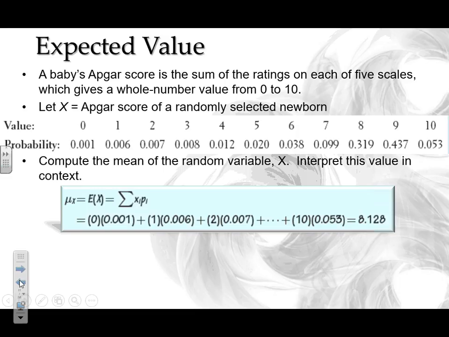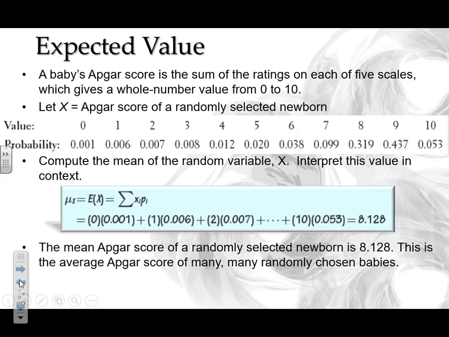Okay, you're on the right track. If you randomly select a baby, they're most likely going to get an 8.1 for their score. So the mean APGAR score for a randomly selected newborn is 8.128.